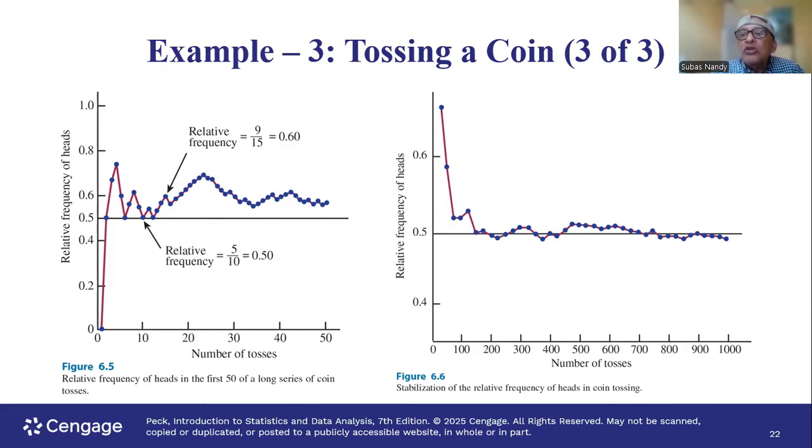When you are tossing the coin so many times, you are approaching the theoretical probability, which is 0.5. We all know the probability of getting a head is 0.5. But in the long run, what is the long run? You have to toss the coin more than 50 times. In this picture, you have to toss the coin somewhere like 1000 times before you get almost 500 heads and 500 tails.